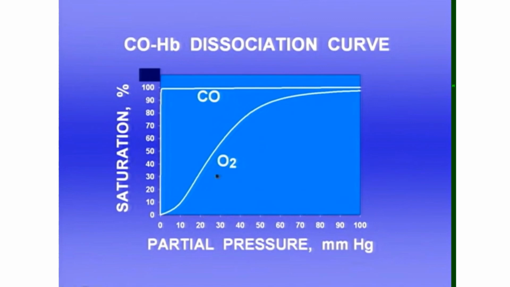Here's the dissociation curve for oxygen here, plotting saturation against partial pressure. Carbon monoxide, by the way, combines with the same binding sites as the oxygen, as you may know, the heme sites. And actually, the shape of the carbon monoxide association curve is the same as that for oxygen, but the scale is greatly compressed. In other words, carbon monoxide has an enormous avidity for hemoglobin.